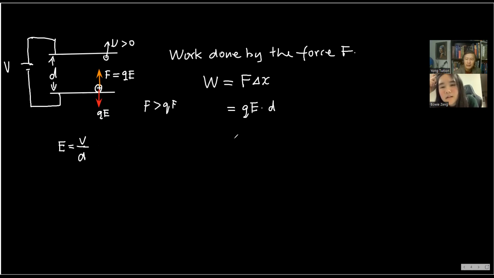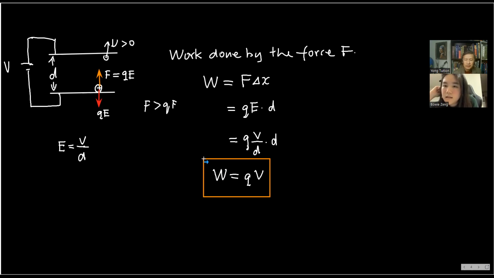We can rewrite E as V over d, multiplied by d. So that is a very important formula. That's Q multiplied by V. So work done by this force is equal to Q multiplied by the voltage. This is a very useful formula. I just highlighted this one.